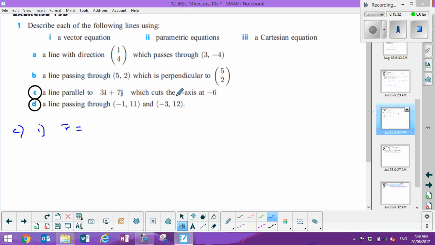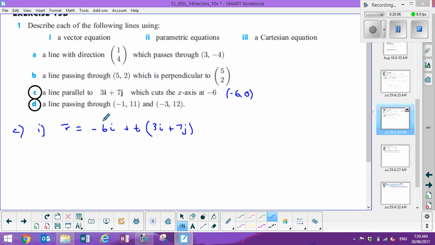Now if it cuts the x-axis at minus 6, its coordinates must be minus 6, 0, as an x-intercept. So we have minus 6i, because that's the x component, 0j, because it's the y component, plus t lots of, if it's parallel to that, we can just take it exactly the same, 3i plus 7j. So that's the vector equation.